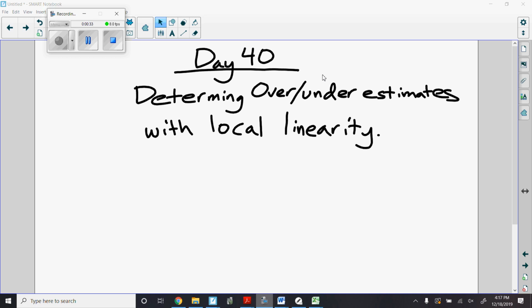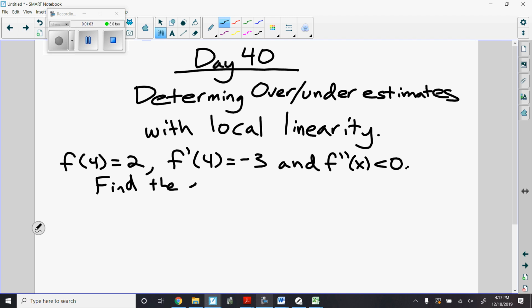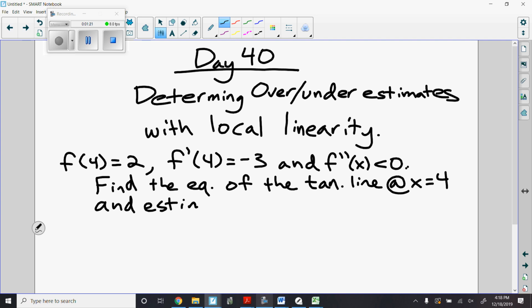So let me give you an example problem. Okay, so look at this setup here.